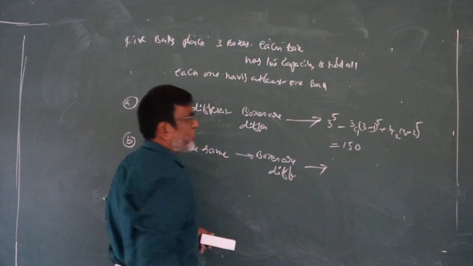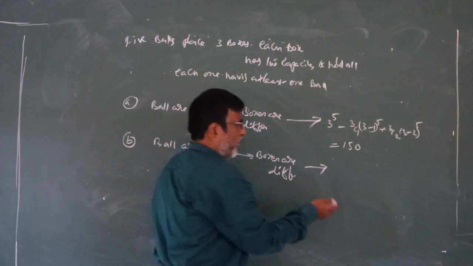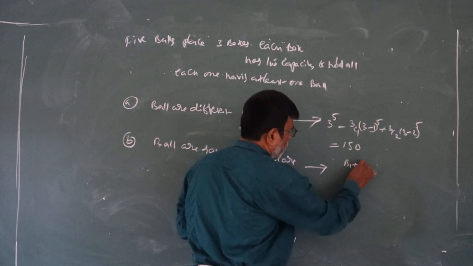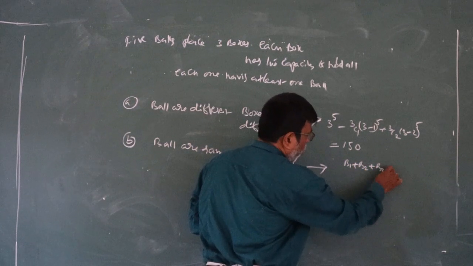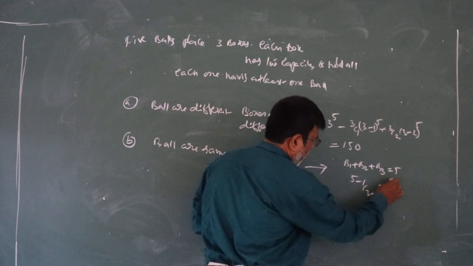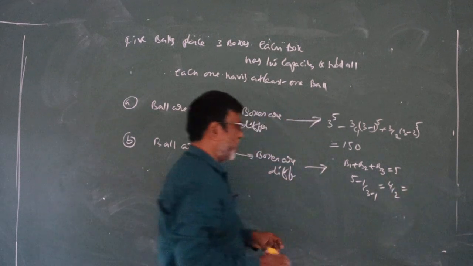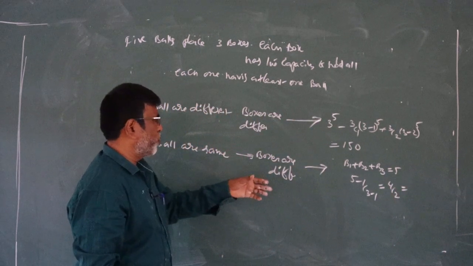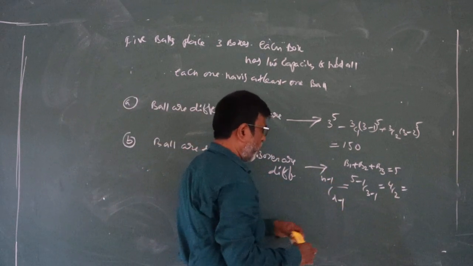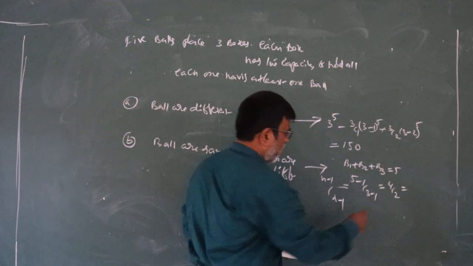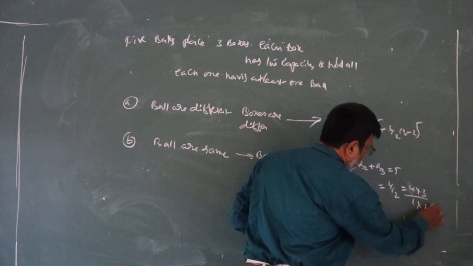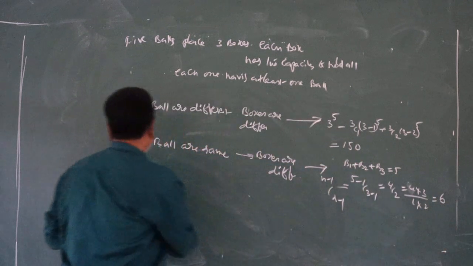It is nothing but positive integral solutions of B1 plus B2 plus B3 equals 5. The formula for the number of positive integral solutions is n minus 1 C r minus 1, so 5 minus 1 C 3 minus 1, which is 4C2. That is 4 into 3 by 1 into 2, that is 6.